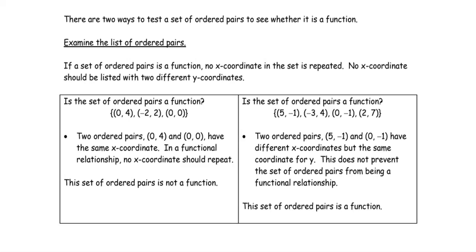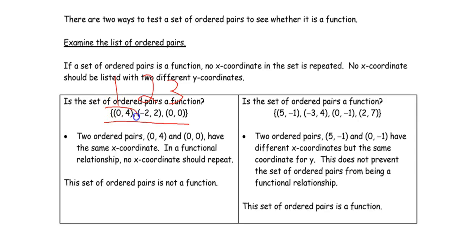There's two things we can do. If we have a set of ordered pairs, we can look at those ordered pairs and really just make sure that there's no repeated inputs, which would mean there's no repeated x values. In our first relation here, we can see I have 3 different ordered pairs.